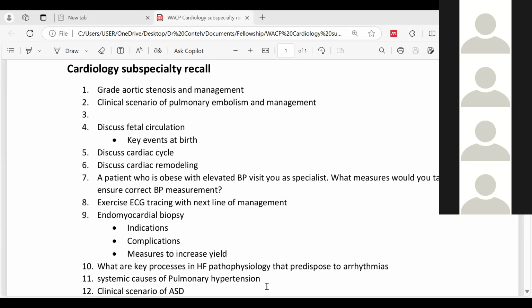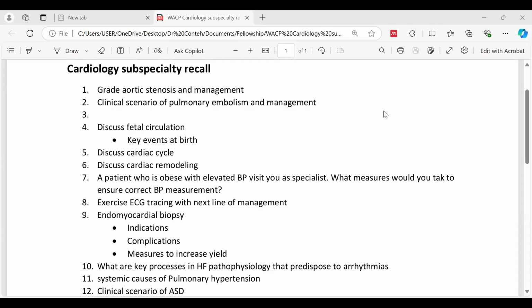So if we throw our minds back to the pathophysiology where we talked about angiotensin 2 and aldosterone, we all agree that there are drugs available that block these pathways, and by so doing are able to reverse this remodeling.